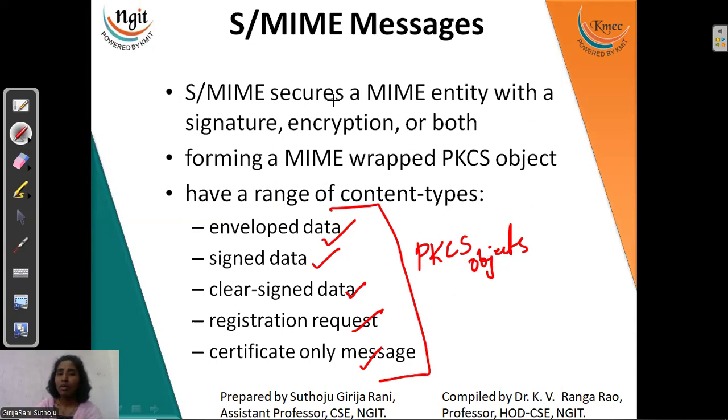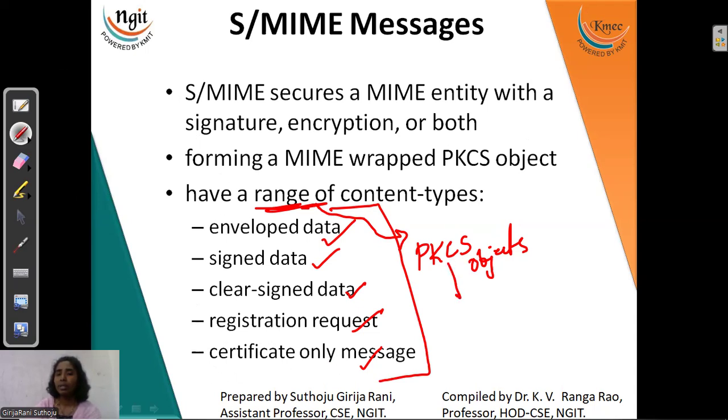The main aim of S/MIME is to send the data in a secure way. That may be either the signature, the message, or the encryption of the key itself. There are a number of content types also. This content type range is decided by PKCS objects. In association with PKCS objects, the content type will be sent to the user.